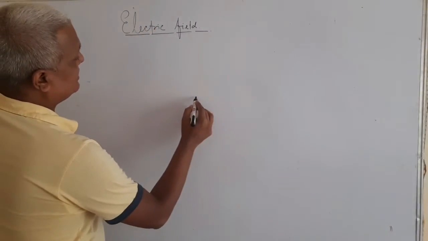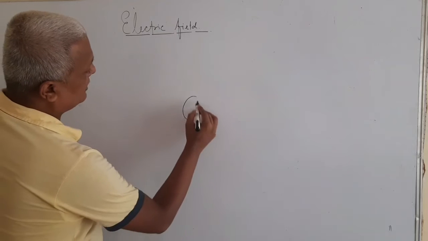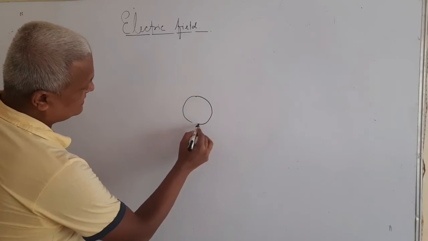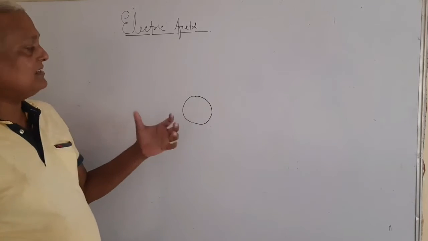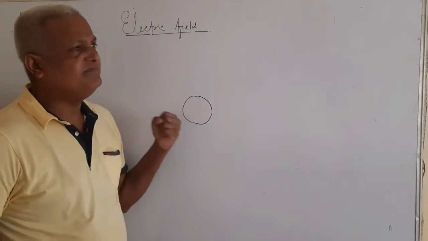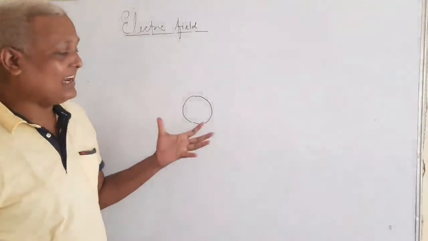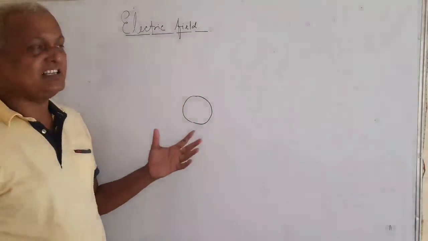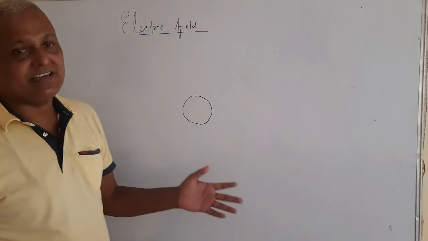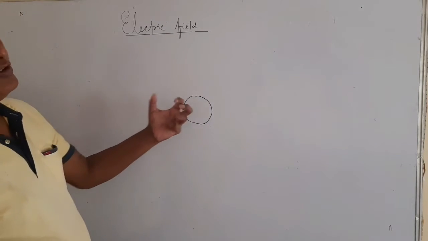Now just assume that you have a body. This is a good conducting body which has electrons very loosely held, so it can get charge easily, it can transfer the charge easily, and it can also receive the charge.